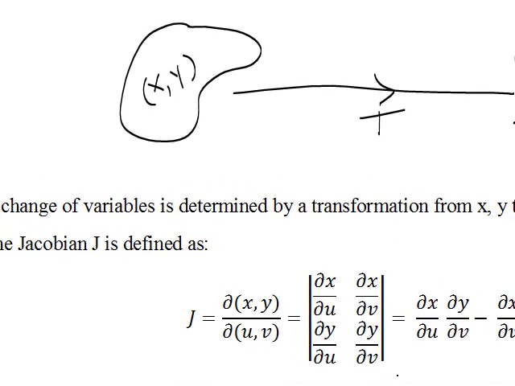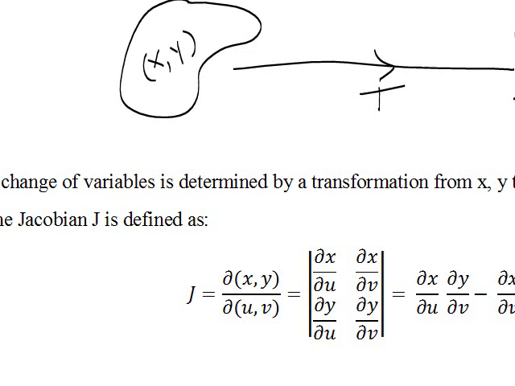Find the determinant of this, and remember the definition for the determinant of a 2 by 2 matrix. It would be partial x, partial u times partial y, partial v minus partial x, partial v times partial y, partial u. So the Jacobian is a determinant.